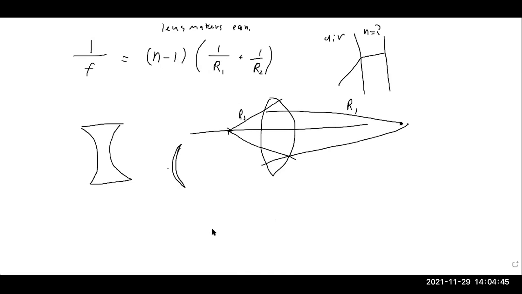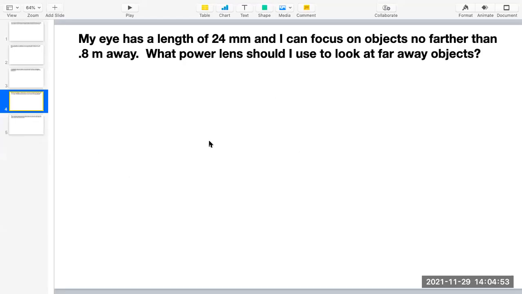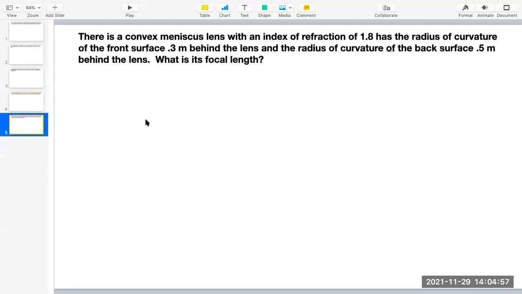Let's try and use it. So, a lens like this, where this larger circle, we continued it around the center of that big circle there, and continuing the front surface around.